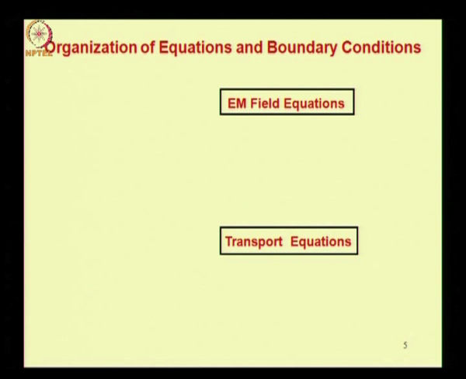And so the transport equations tell you how, if you know the electric field, magnetic flux and the force on an electron, you can derive the current. So this is shown here pictorially. The arrow shows that electromagnetic field equations yield in their solution the values of B, E and F. B is the magnetic flux, E is the electric field, and F is the force on the electron due to electric and magnetic fields.